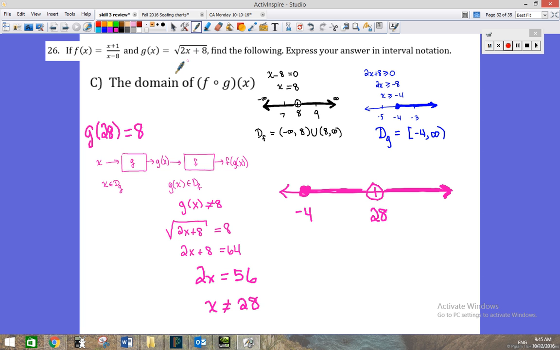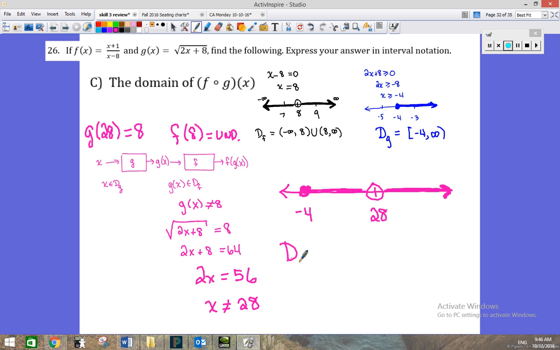That would be the square root of 2 times 28 is 56, plus 8 is 64, and the square root of 64 is 8, but f evaluated at 8 is undefined, and we can't have that.